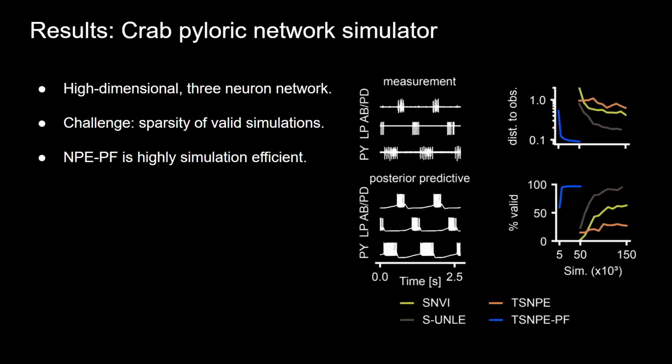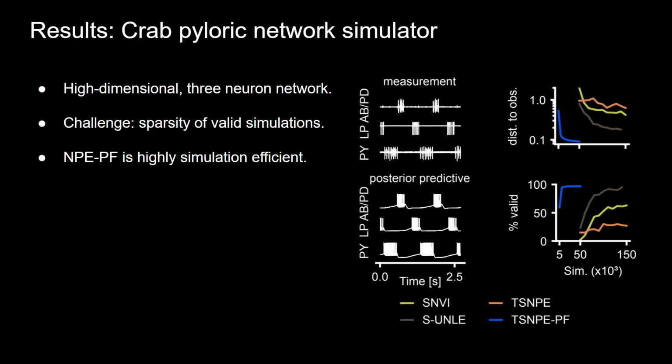Last but not least, we tried it on a bigger problem. This is a problem from neuroscience. It's quite high dimensional for SBI problems, 31 dimensional, and we want to estimate this 31 dimensional joint posterior distribution.